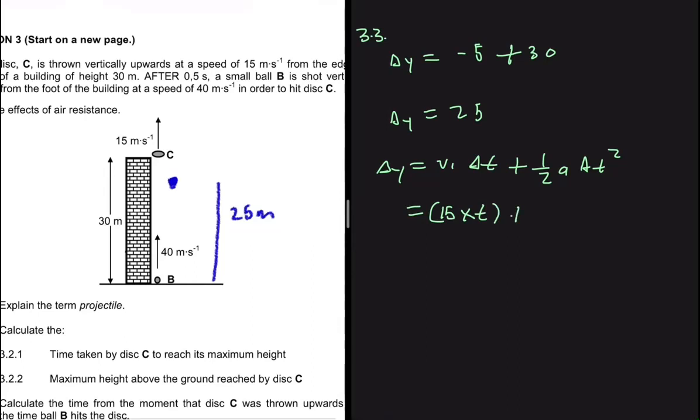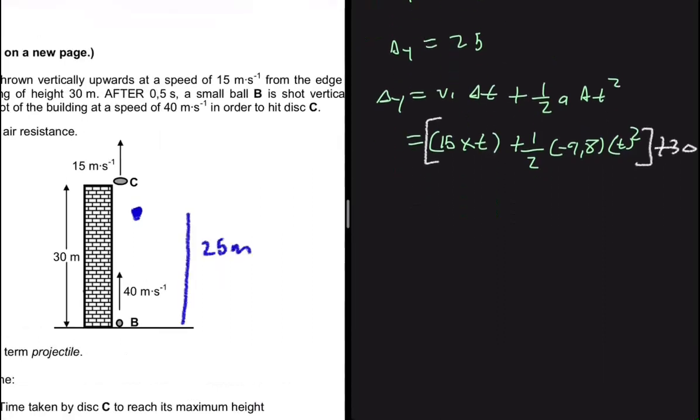And then plus a half, the acceleration is always -9.8, and then multiplied by the time squared. So we have the displacement of disk C, right? Now we have to say plus 30, so that we can avoid that issue I was presenting you with there. And then we're going to have plus 30.